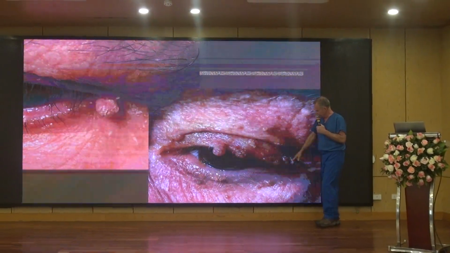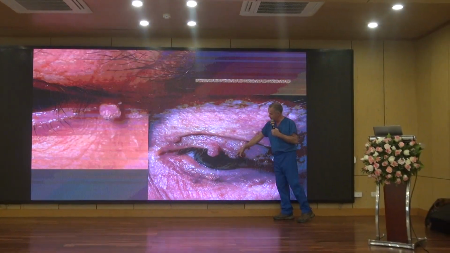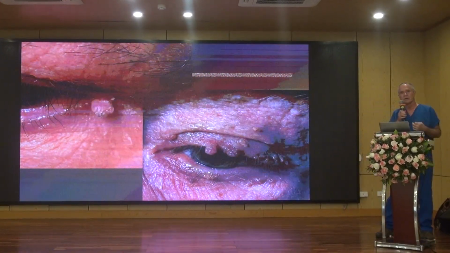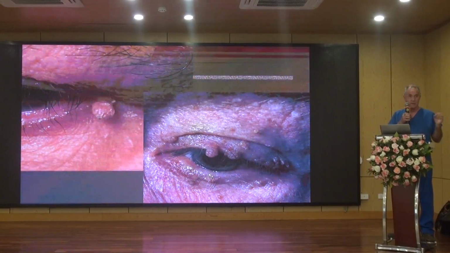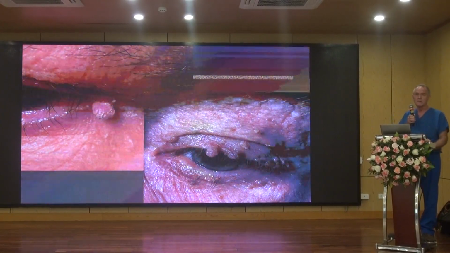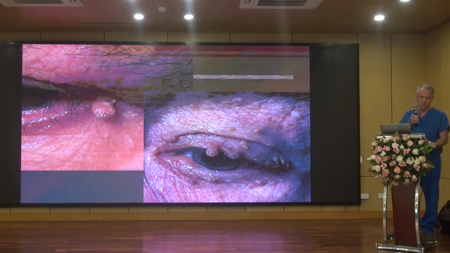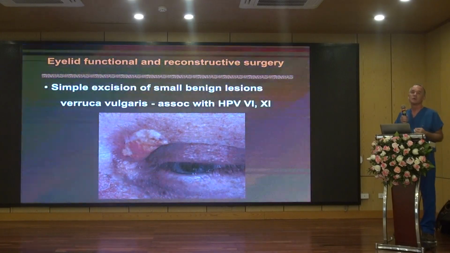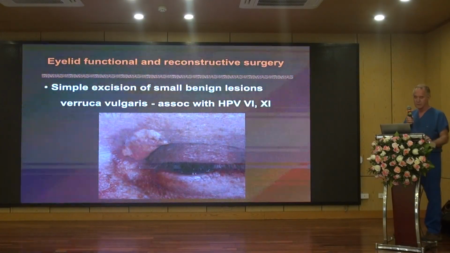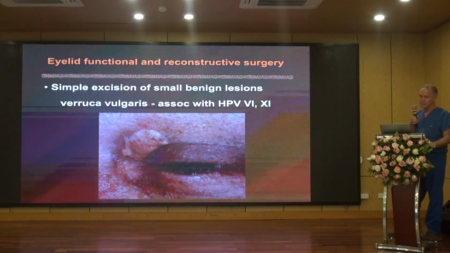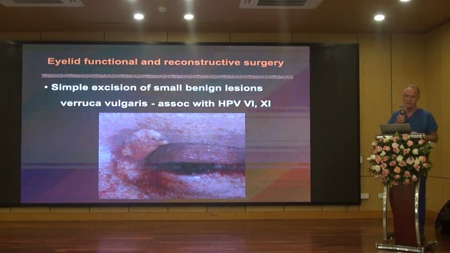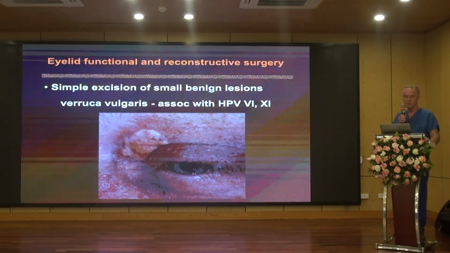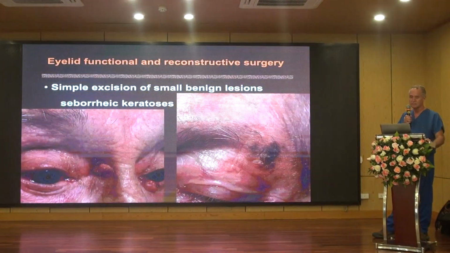When you see a cluster of many papillomas all over the eyelid, those patients are at a higher risk of carrying HPV, human papillomavirus. There are many different subtypes of HPV, and some of them are highly linked to papillomas. Other types of HPV are linked to cervical cancer, squamous cell carcinoma, and other conditions. But some of these can be larger and can be often observed in HPV and also verruca vulgaris. A larger lesion can be associated with HPV.